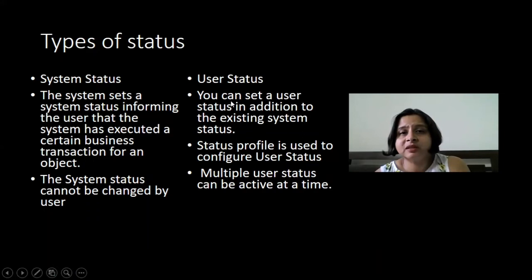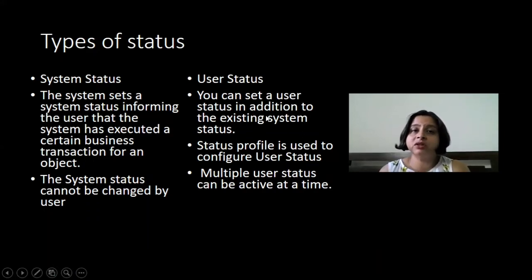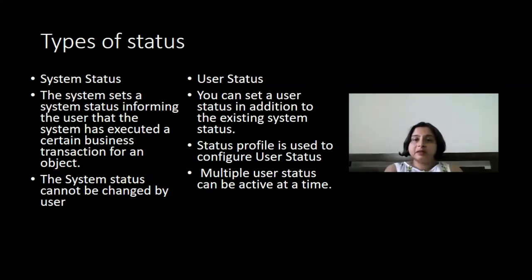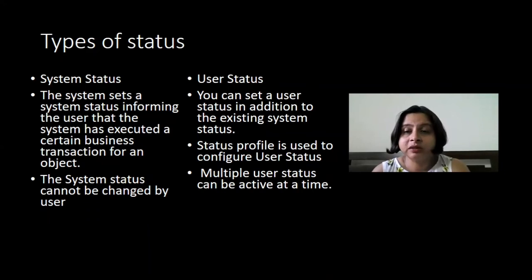Next comes the user status. You can have a set of user statuses in addition to the existing system statuses. Now, what is this user status? It can be a customized business requirement in your system that, in addition to these system statuses, there are certain business processes and statuses related to them which need to be incorporated in the system.